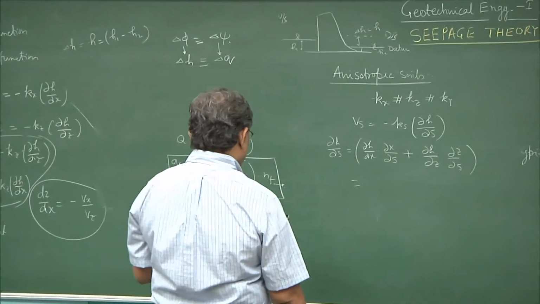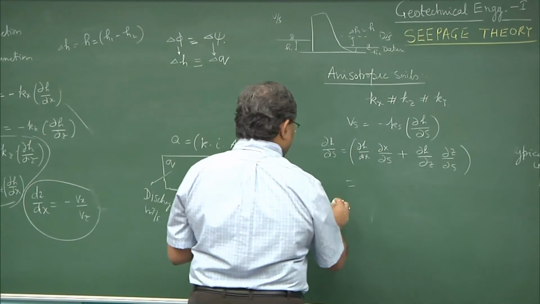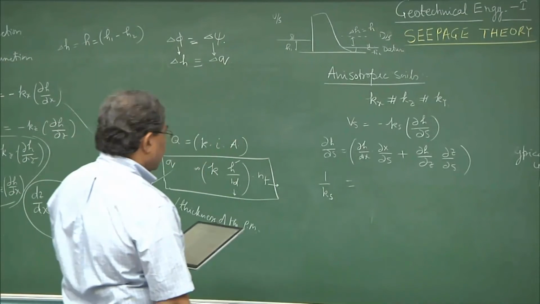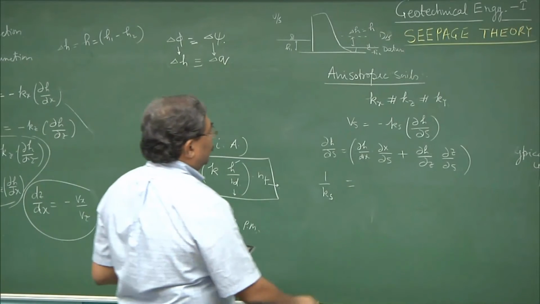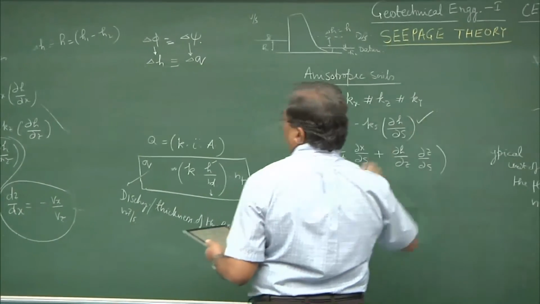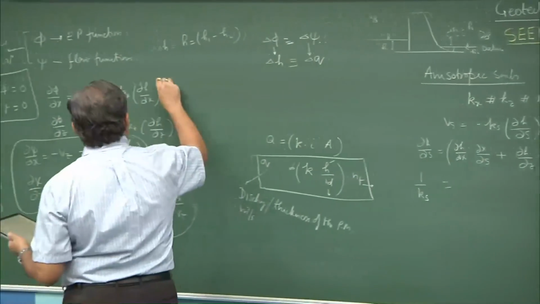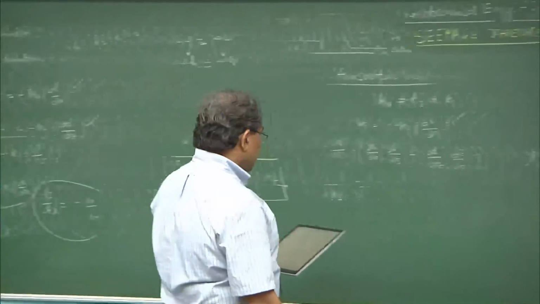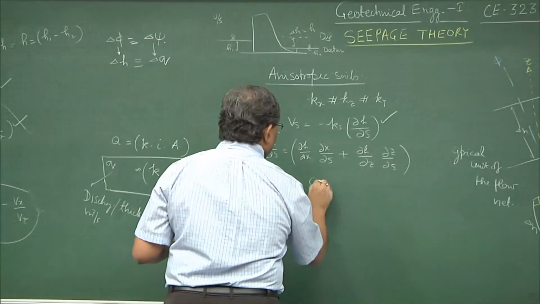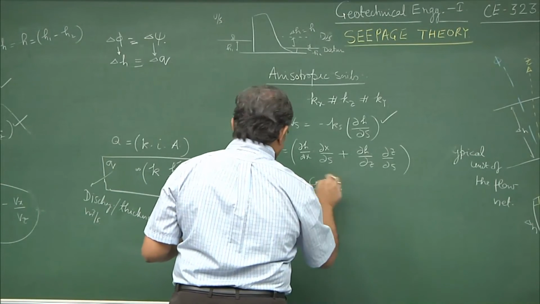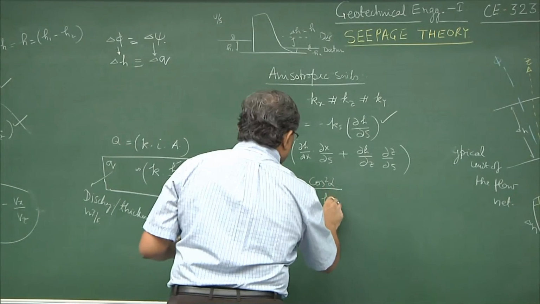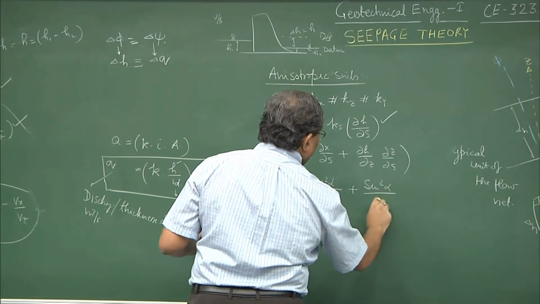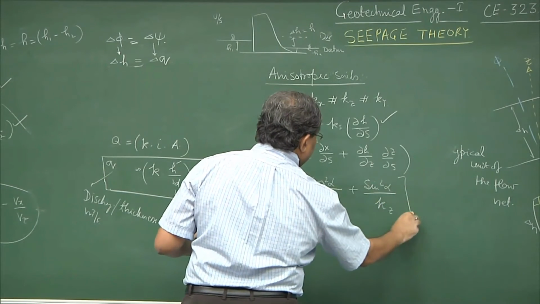This can be shown to be equal to 1 upon k s. If you substitute the V s term, V x term and V z term, you can show this to be equal to cos square alpha upon k x plus sin square alpha upon k z.